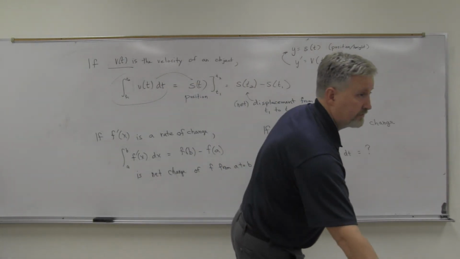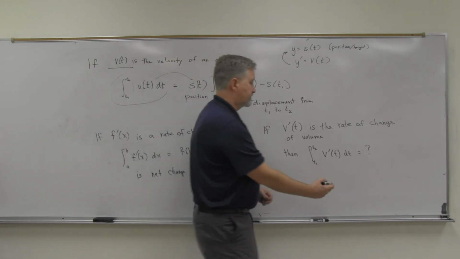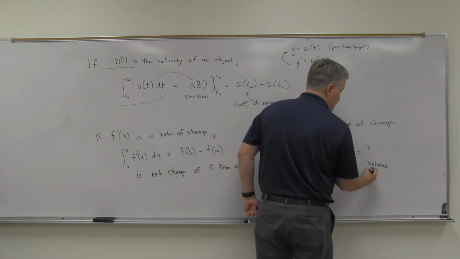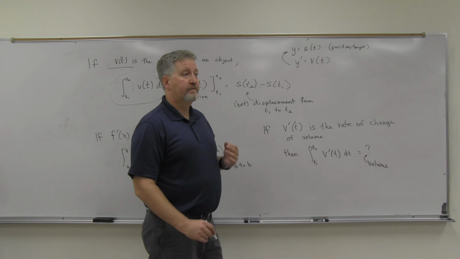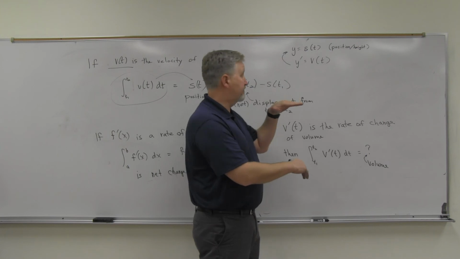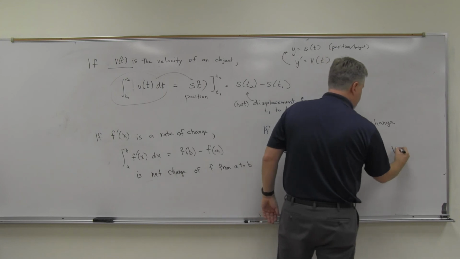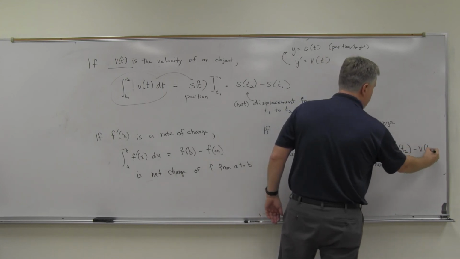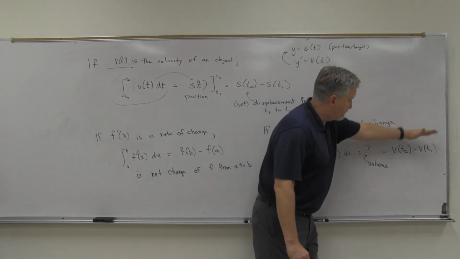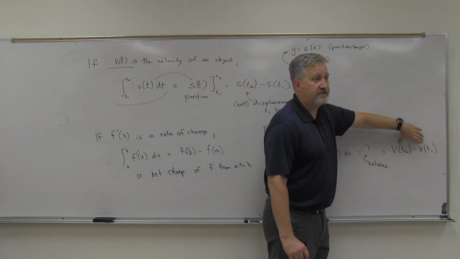Well, we're doing the integral of the v prime, so that's going to get us back to just regular volume, isn't it? So that's going to give me a volume function. And then when I evaluate it from t1 to t2, that's going to be the change in the volume. So that would give me v of t2 minus v of t1. If I do the antiderivative, it gives me the volume. Plug in the t2 and t1, and that's going to give me the net change in the volume.